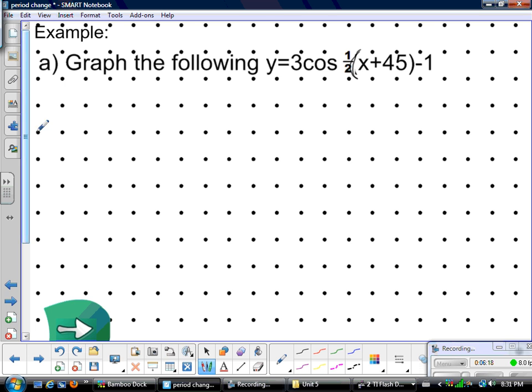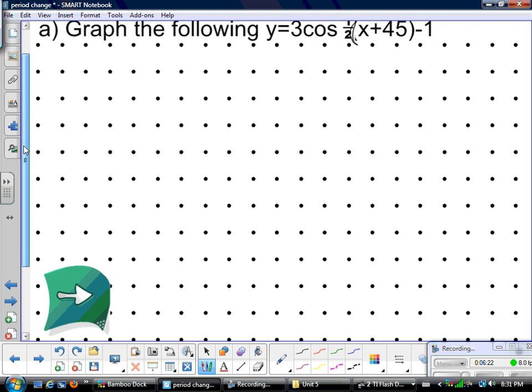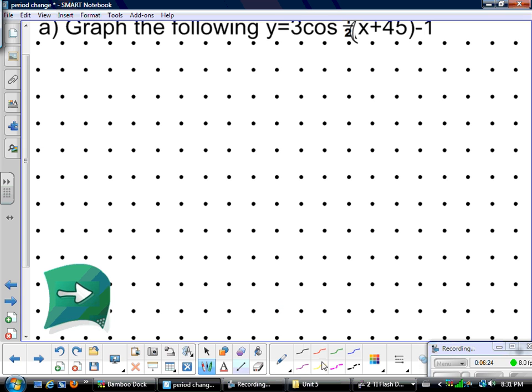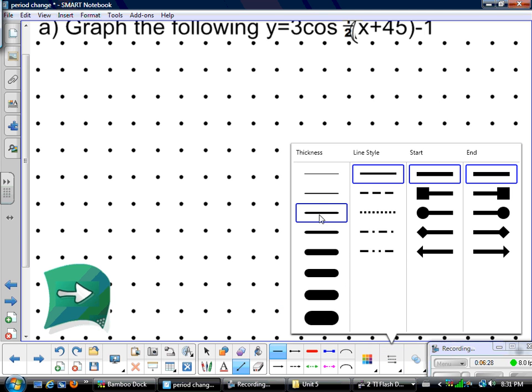Okay, so the first thing that I need to do is I need to make an x and y axis. So I'm going to do that first. And I know that I'm going to be going to the left, so I want to make sure that I give myself some room to do that.